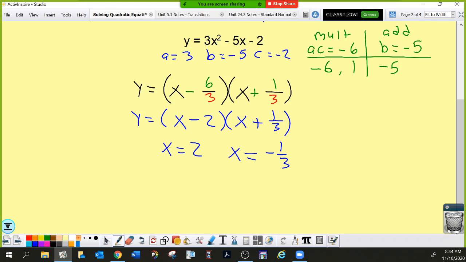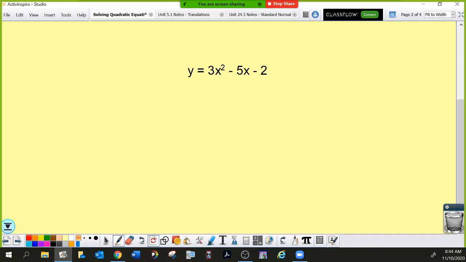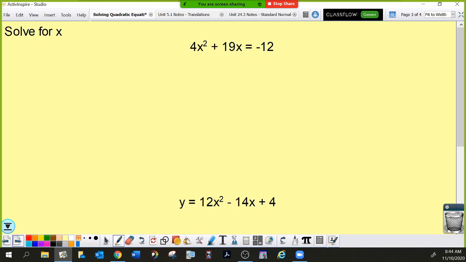That's the last skills on the test, other than what we've done so far: imaginary number skills. There are still two more methods for solving, but those are after the mid-chapter test. Okay, ready to rock and roll.